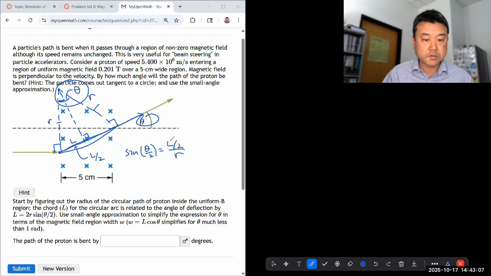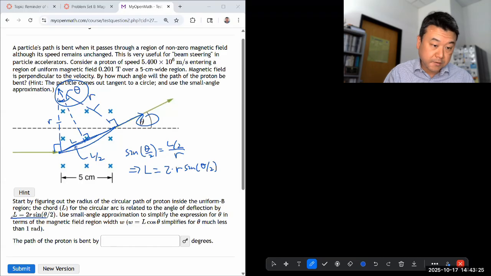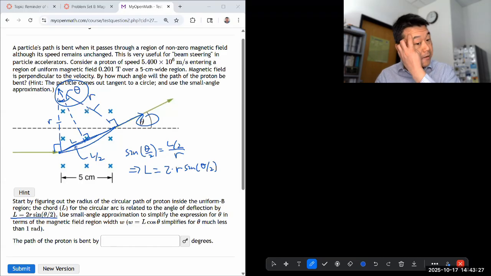Then solving for L, the chord for the circular arc, L is equal to 2 times r sine of theta over 2. That's the relationship they gave us in the hint. I'm just explaining where that comes from. Use a small angle approximation to simplify the expression for theta in terms of the magnetic field region width.